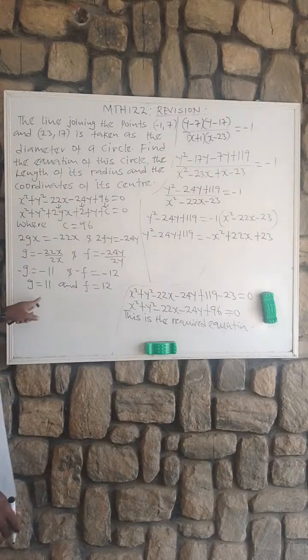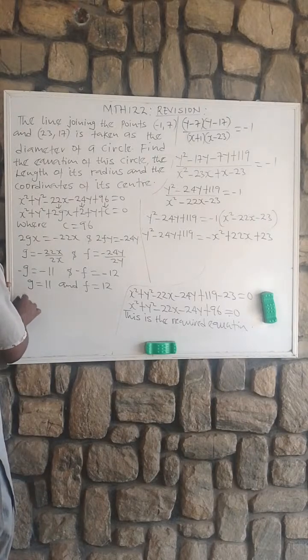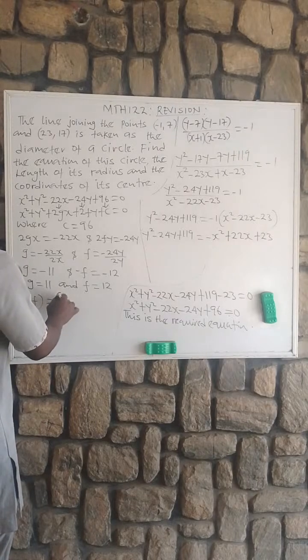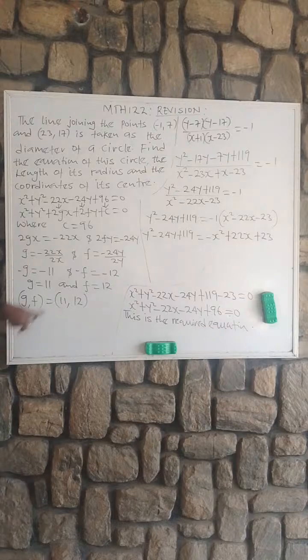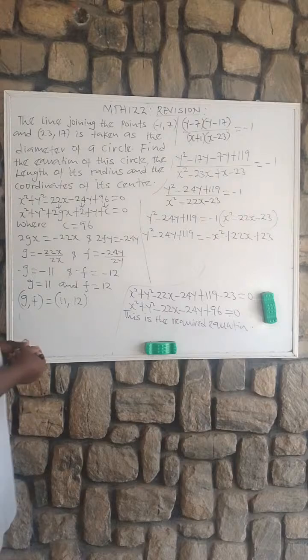So the coordinates are what? The coordinates are g comma what? F, which is equal to 11 comma what? 12. This is the coordinates of the center. So this is the answer. Then they said we should consider the radius.